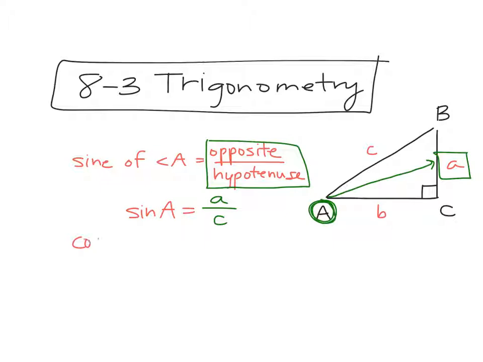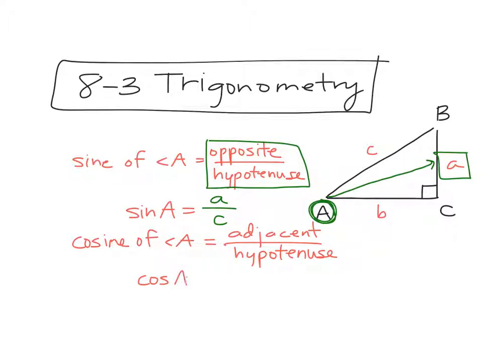Cosine. So if I say the cosine of angle A, cosine is the adjacent side over the hypotenuse, and I will give you a cute little phrase to help you remember which is which, because I know this is a lot of words. Don't stress about that right now. So cosine A would be the adjacent side over the hypotenuse. You would write that like this: cosine A equals, which side would you say is adjacent to A?